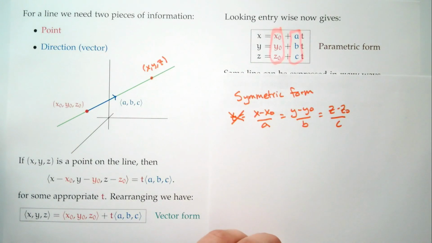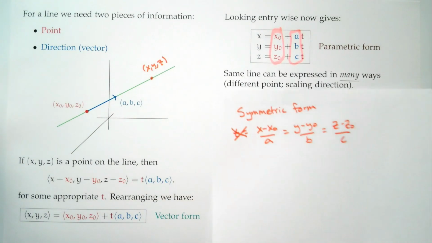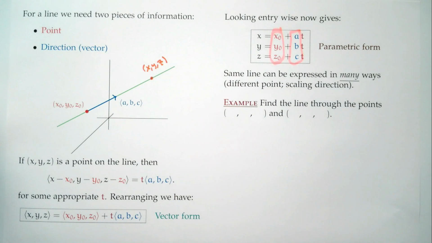So, all right. One thing to note is that when we talk about the line, we have to be a little bit careful because there's a tiny bit of ambiguity. You could pick a different starting point. Or you could say, I don't like this direction vector, I want the direction vector that runs in the opposite direction, or one that's a unit vector or something else.